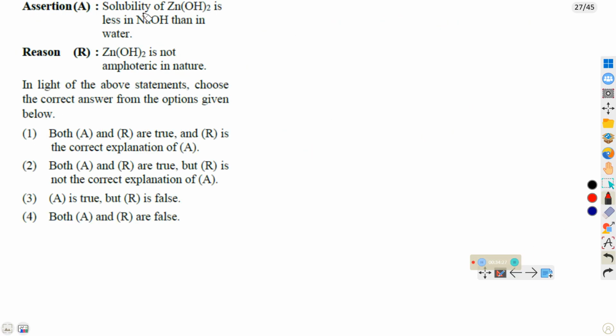Assertion: solubility of Zn(OH)2 is less in NaOH than in water. Wrong. Actually, Zn(OH)2 is easily soluble in NaOH and it gives Na2[Zn(OH)4], a soluble complex.